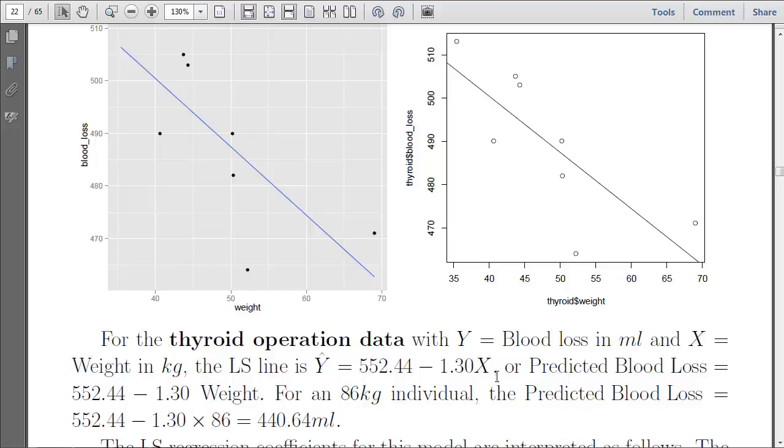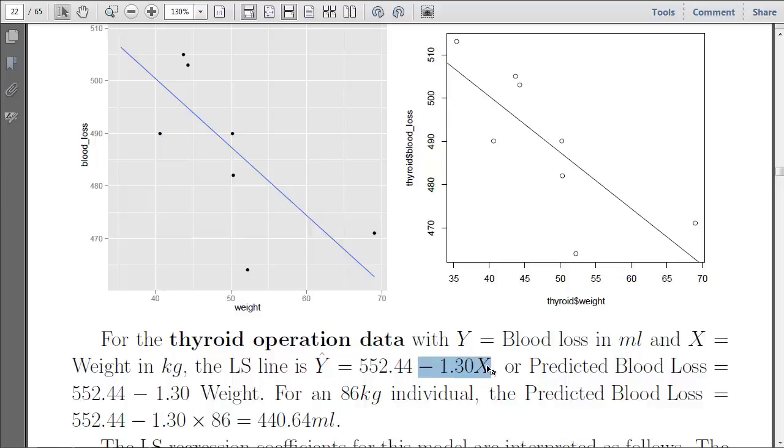And so a follow-up question: what is the expected blood loss for a person who doesn't weigh anything? I should have asked this question first. How should you interpret 552? Okay, so 552 is the expected blood loss for someone who weighs 0. And so the question is, does that make sense?